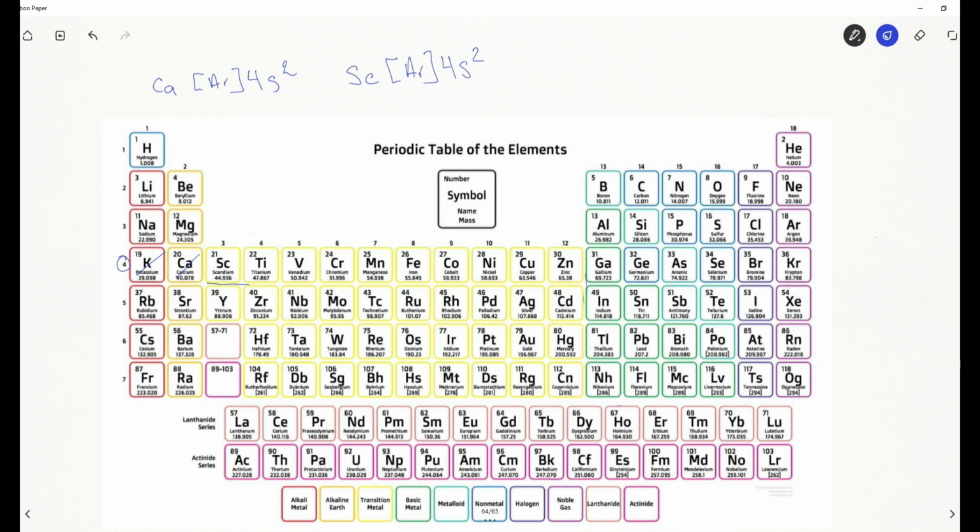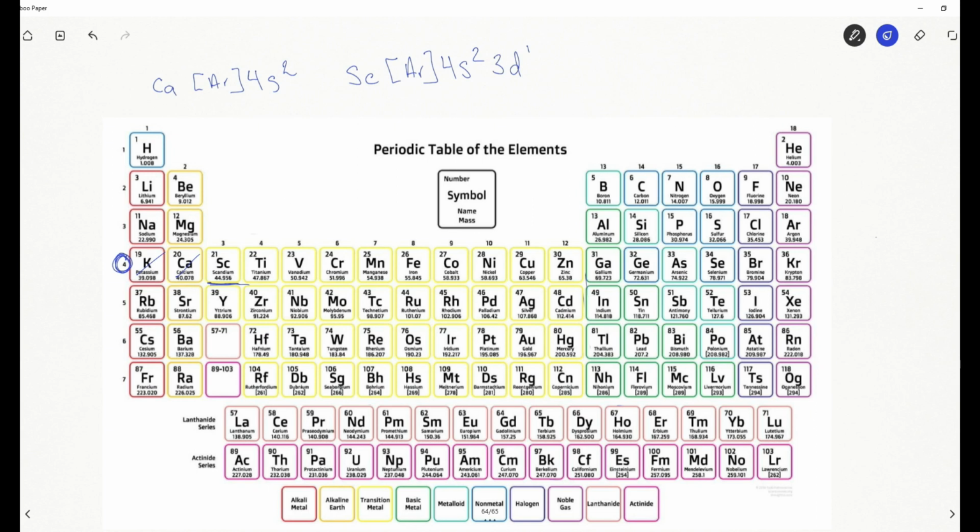However, the rule for the d orbitals is you must count back 1 from whichever period you are in. So I am in the 4th period, therefore these are the 3 d's. So this extra electron in scandium goes in the 3d orbital.